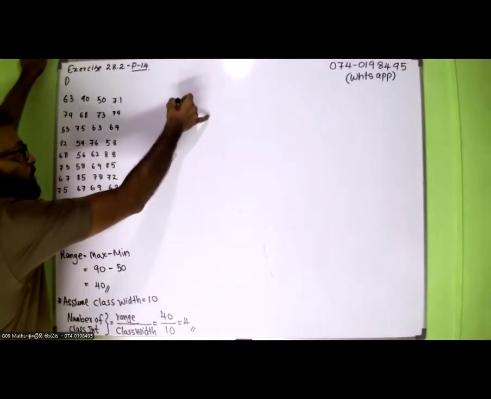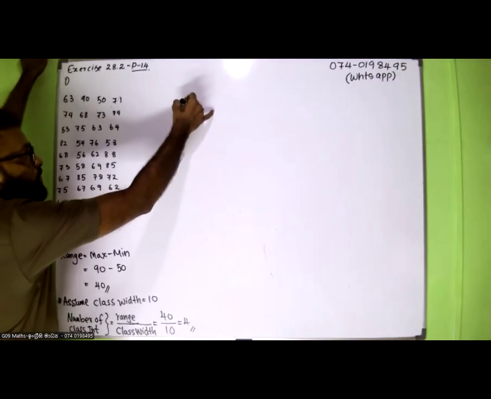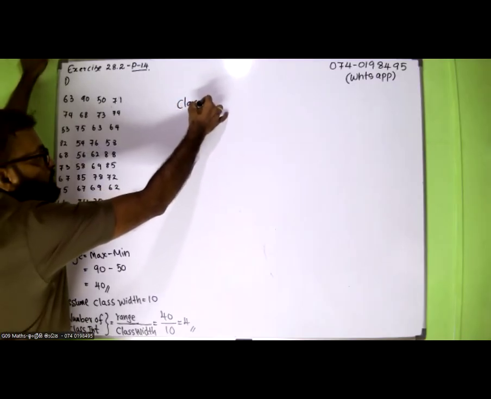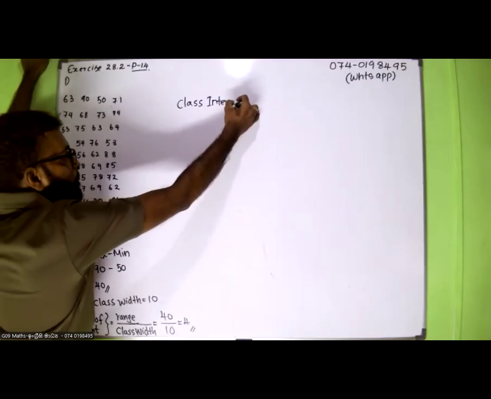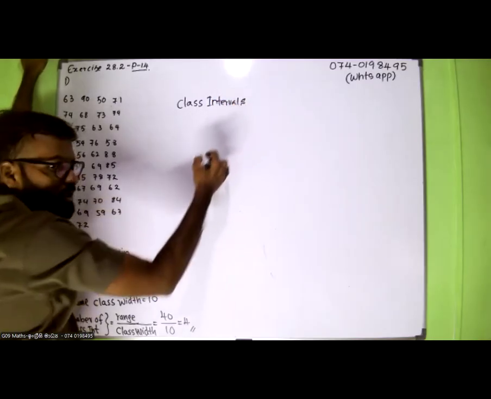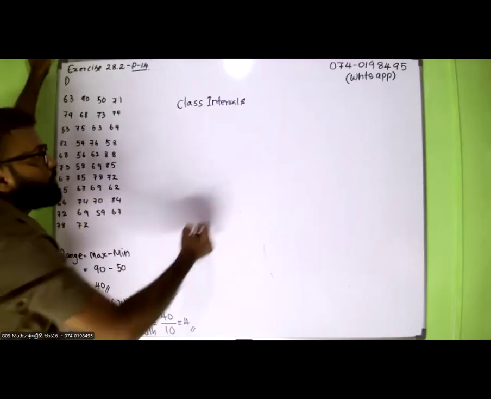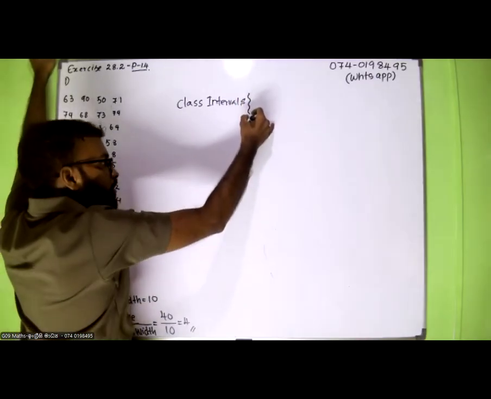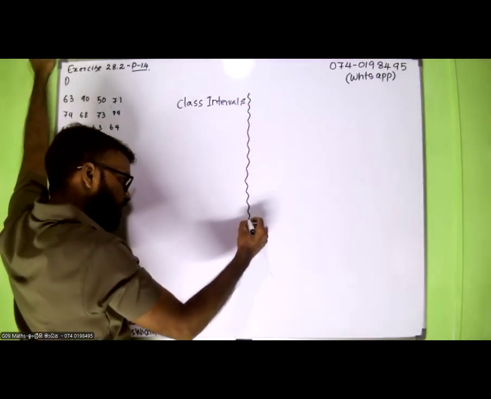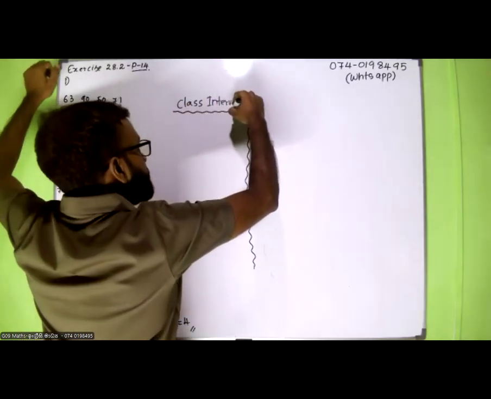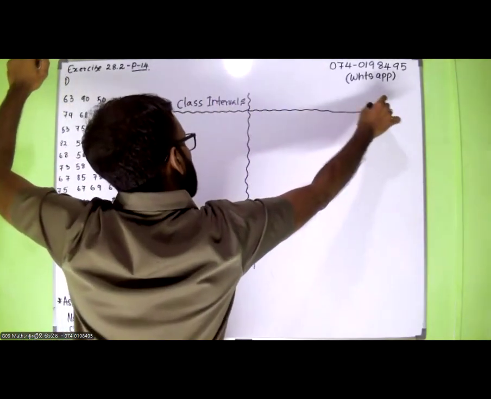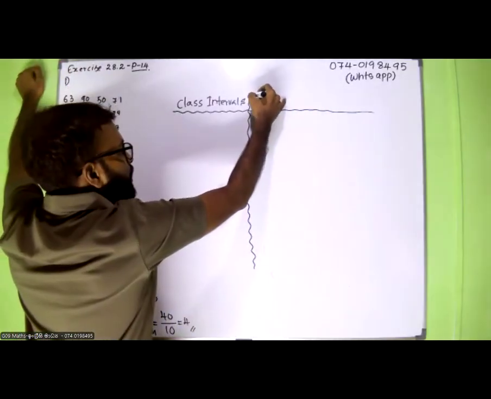Now I will draw the frequency table. The first column is class intervals. Then I have tally marks.